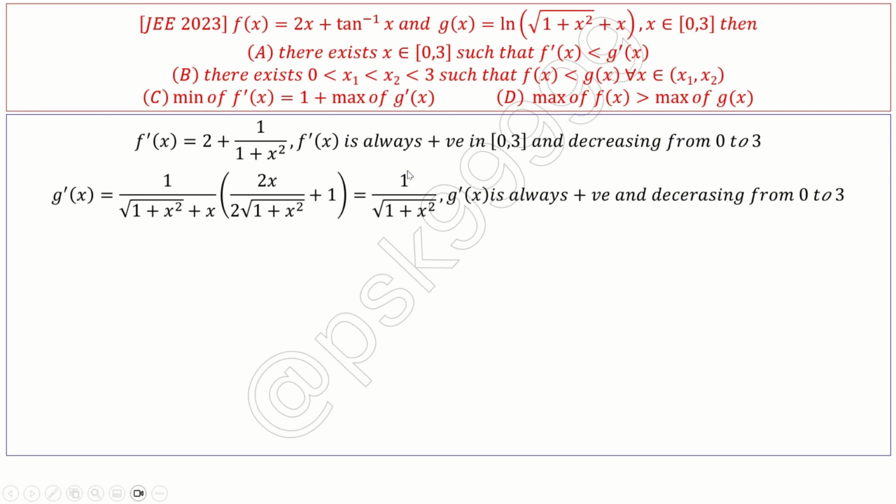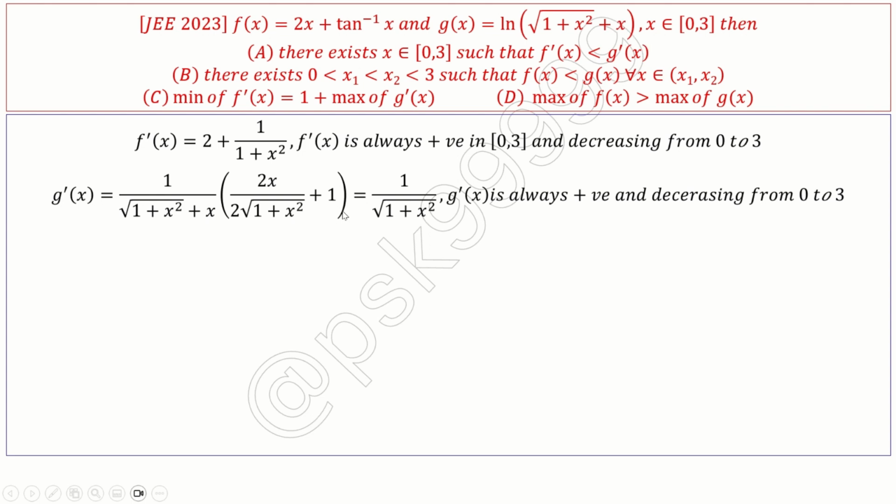Similarly, g dash x is 1 by (square root of 1 plus x square, plus x), and then you have to differentiate the inside, because it's a chain rule. That gives 1 by 2 times square root of 1 plus x square, times 2x, plus 1.